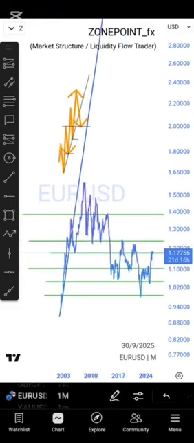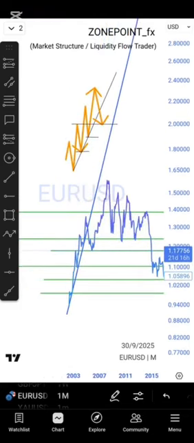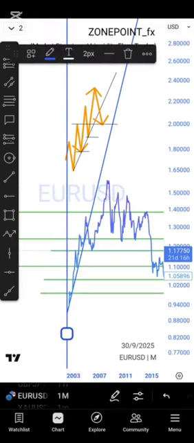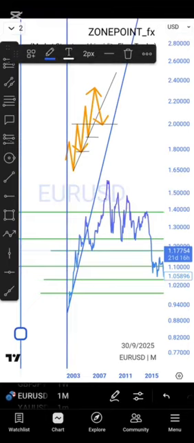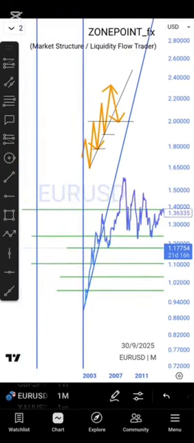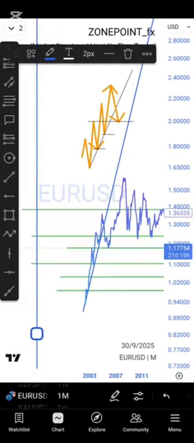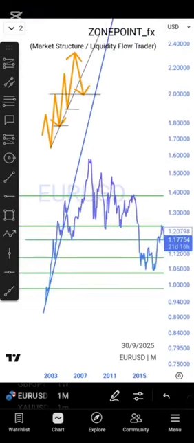I don't know how they did it, but I believe that when price was around this place, there was data, because Forex started around the 90s. There was data around this level to this level here, where I marked my line, and there will be data around this level that price used to come down backward. So that's just what I want to explain.